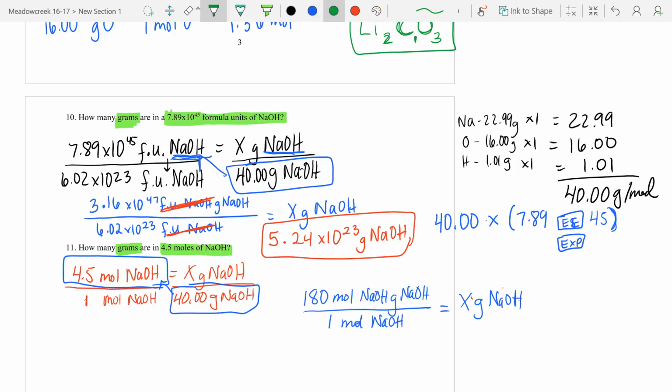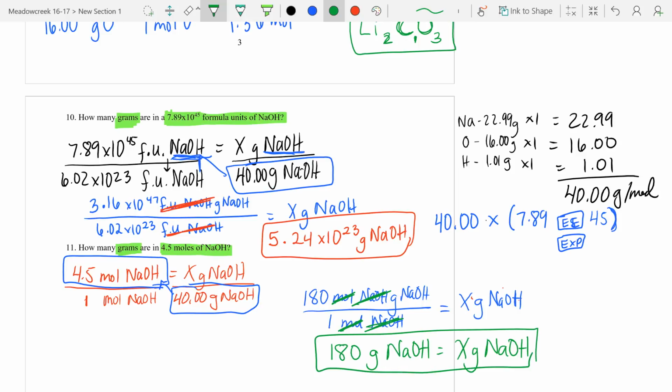And when we solve completely, moles cancel out with moles, sodium hydroxide with sodium hydroxide, and 180 divided by 1 is just 180 grams of sodium hydroxide equal to X grams of sodium hydroxide. And I have figured out my final answer.